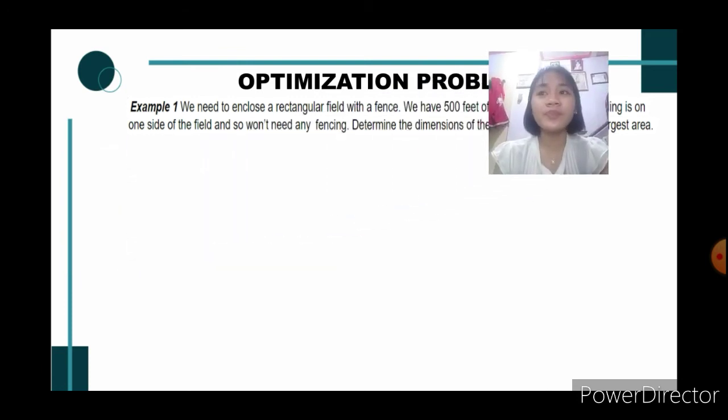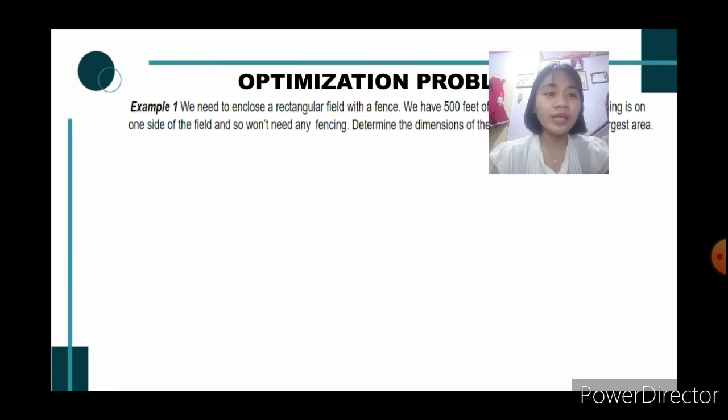In all of these problems, we will have two functions. The first is the function that we're actually trying to optimize, and the second is the constraint. So, una natin gagawin, kailangan muna natin i-sketch yung situation dito sa example na to. Kasi matutulungan, ito yung isa sa mga helpful na step sa pag-intindi ng isang worded problem.